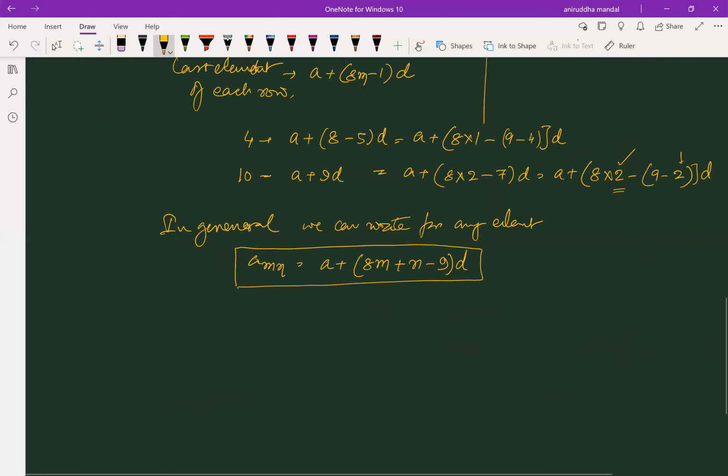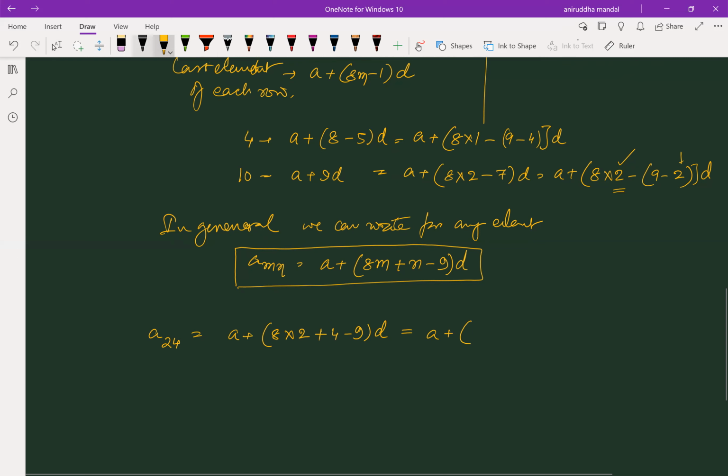So if we say a 24 means second row and fourth column, so this must be 8 into 2 minus 4 minus 9 into d. So we can see that this is a plus 16, so 11d.